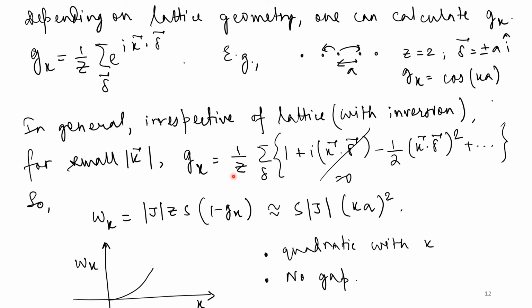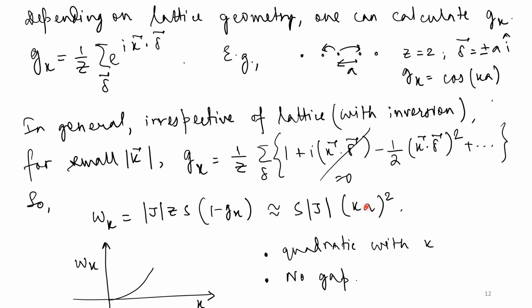Just expand this. So I get 1 plus x squared over 2, as is usually obtained. Now because of the centrosymmetric inversion symmetry, when I sum over delta, this term will go to 0. So I have 1 minus this. Therefore omega_k, which is this 1 minus g_k, will simply be proportional to k squared.